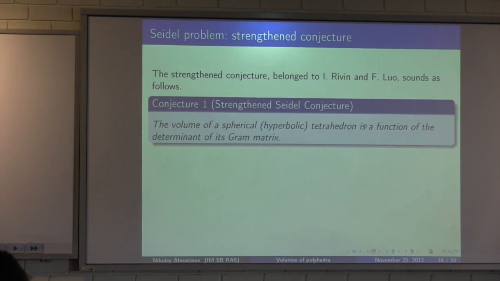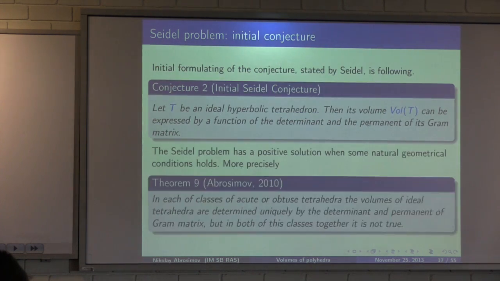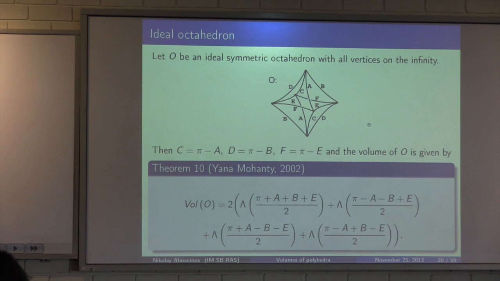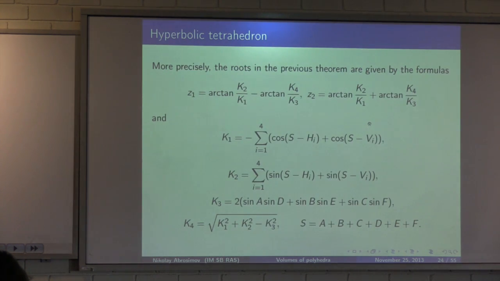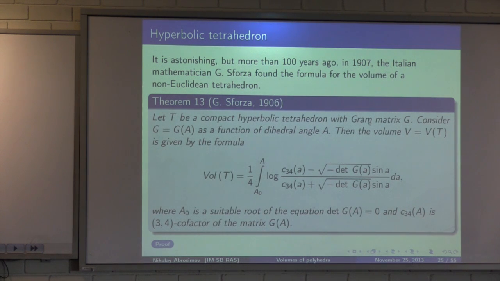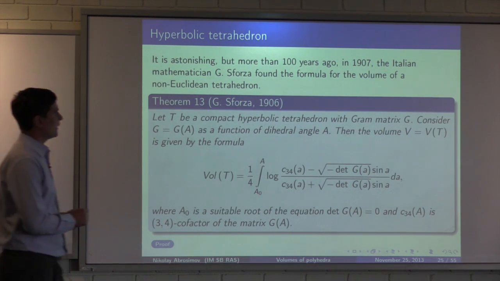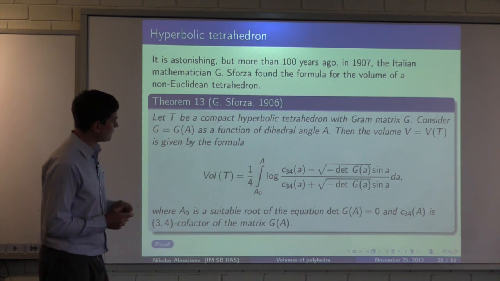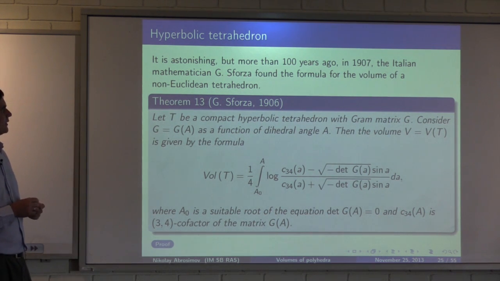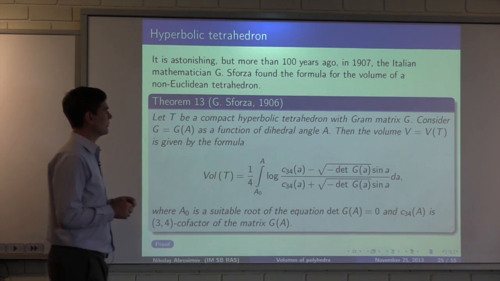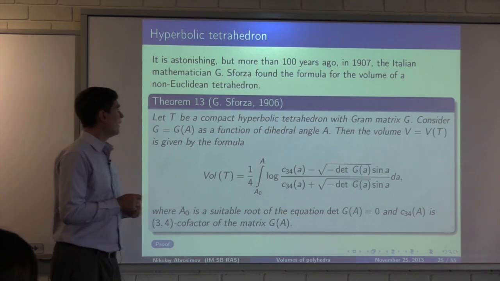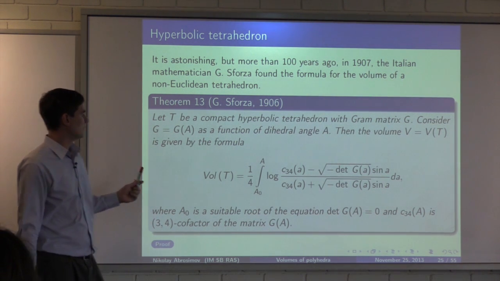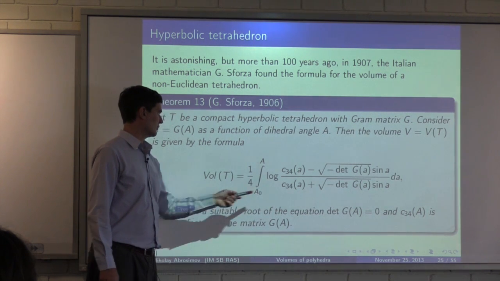The most interesting result in this direction, in my opinion, belongs to Sforza, an Italian mathematician who found the volume of a compact hyperbolic tetrahedron of general type, and this formula is shown on this slide.